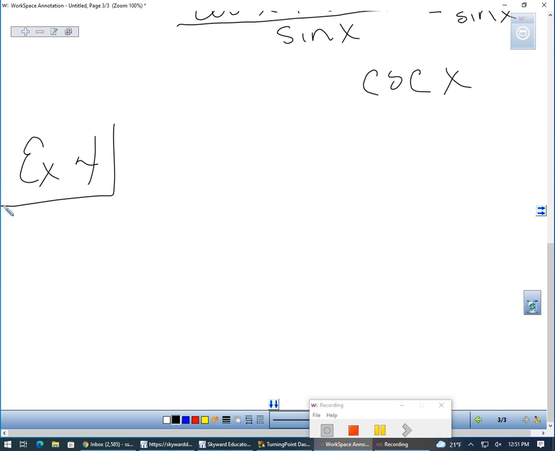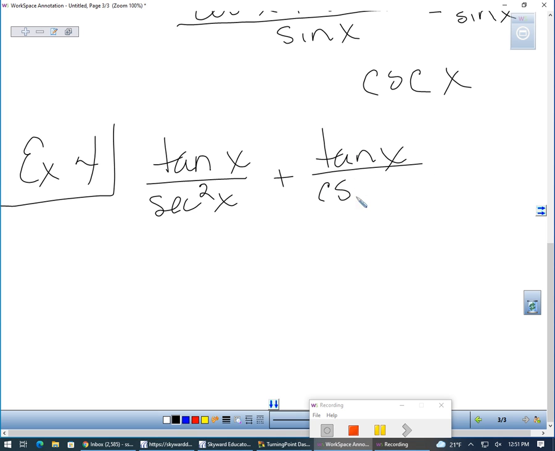Let's look at one like this. Tangent x over secant squared x plus tangent x over cosecant squared x.